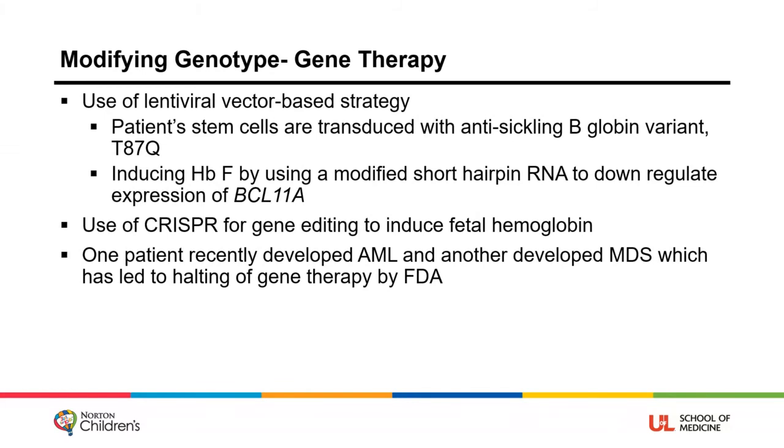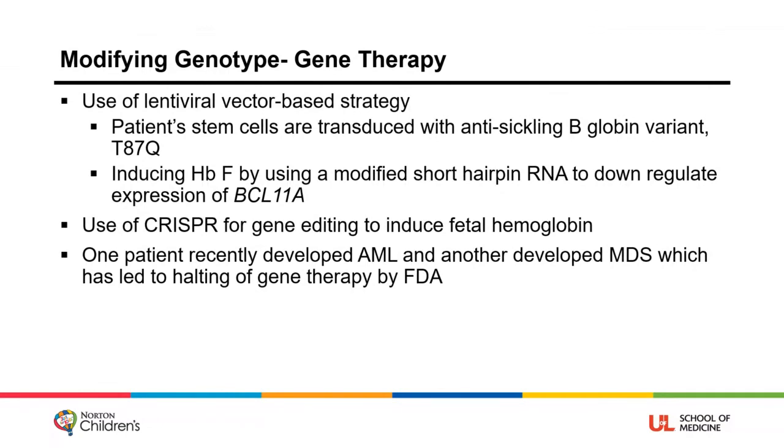And then another viral vector-based strategy is using a modified short hairpin RNA to downregulate the expression of BCL11A. BCL11A is a repressor gene that inhibits the expression of fetal hemoglobin. So the thought is by downregulating that gene, you are inducing hemoglobin F.